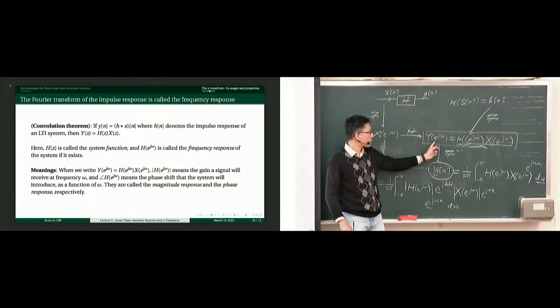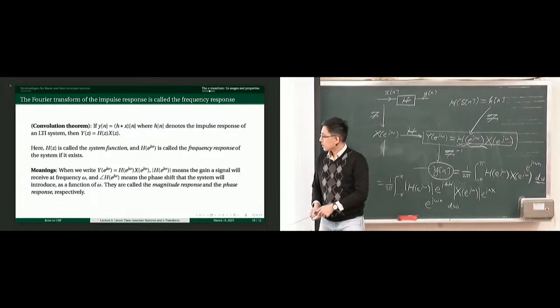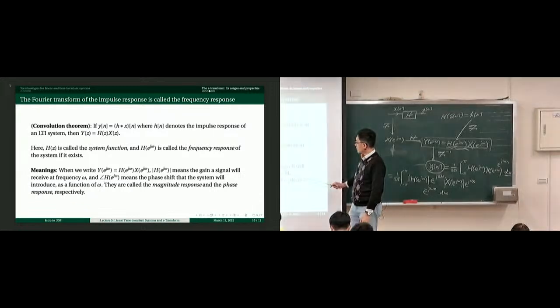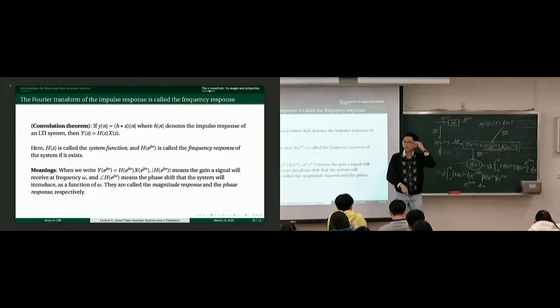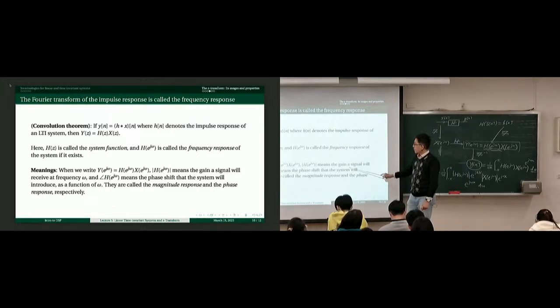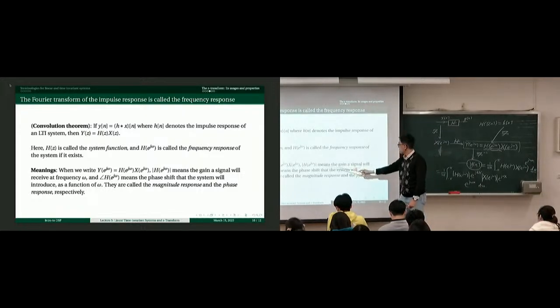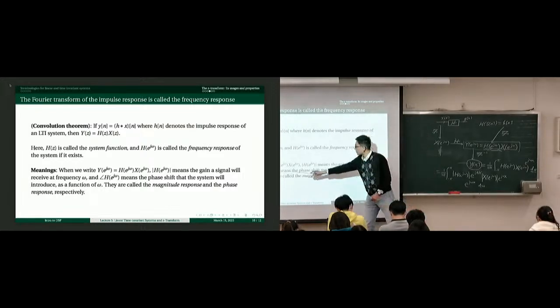So the output spectrum, at every frequency, is going to be equal to the input spectrum times the gain. That's why we call this the gain, that the signal will receive at frequency omega.